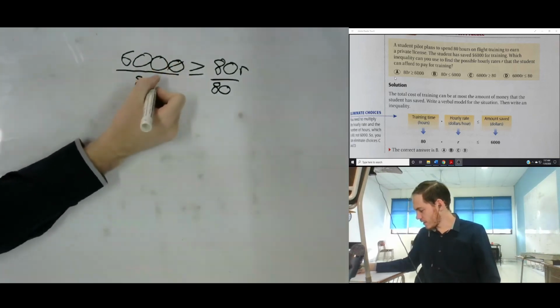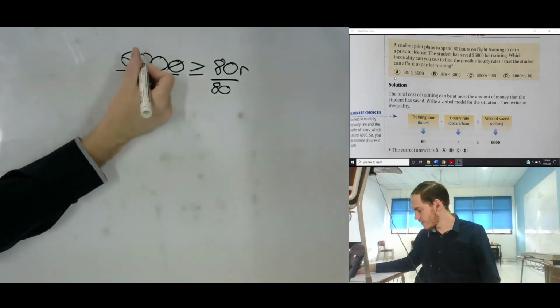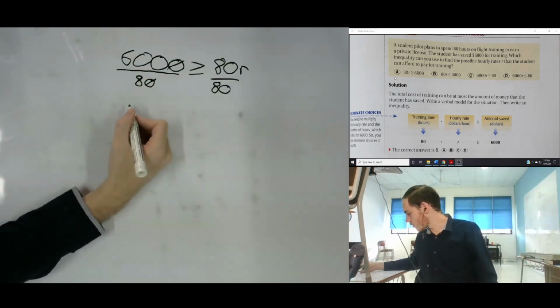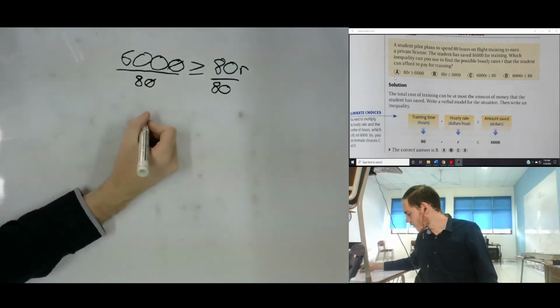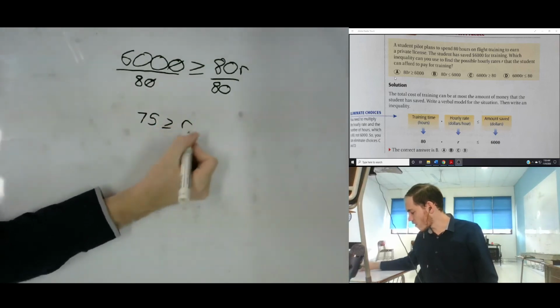8 goes into 60 seven times, 56, this is a 4. So 640, so 8 goes into 640 eighty times. So we get 75 is greater than or equal to r.